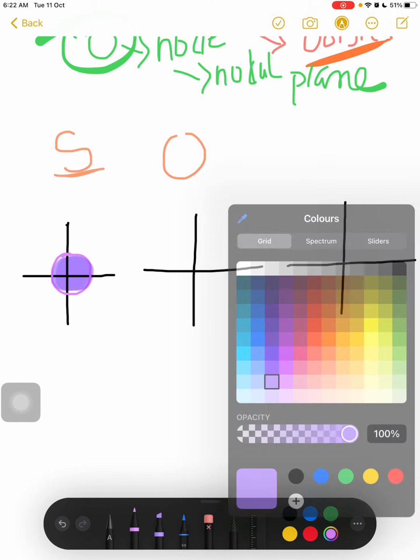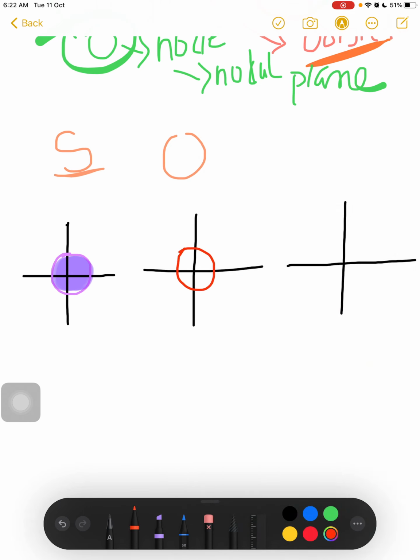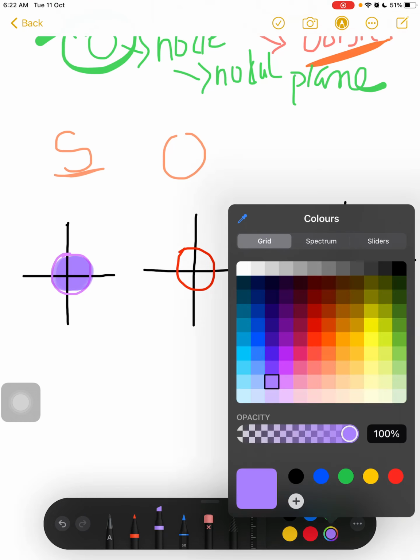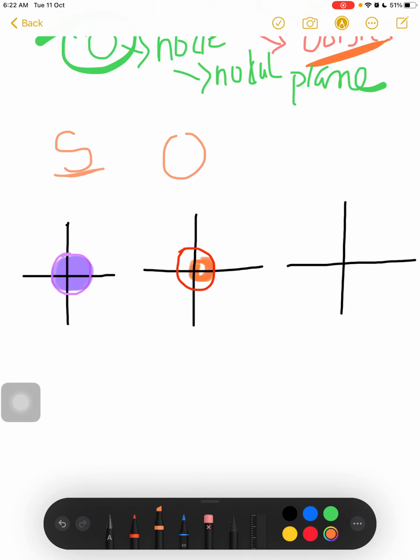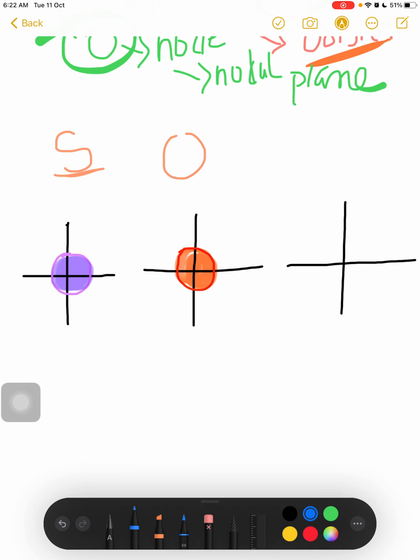For example, I'm taking this one, and this is another. Here you can see this.